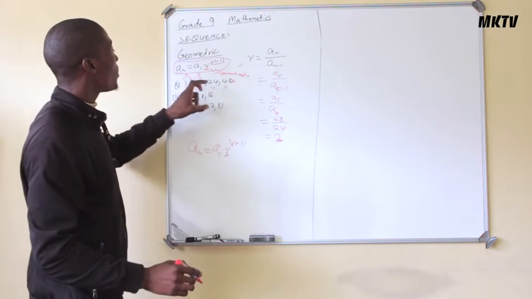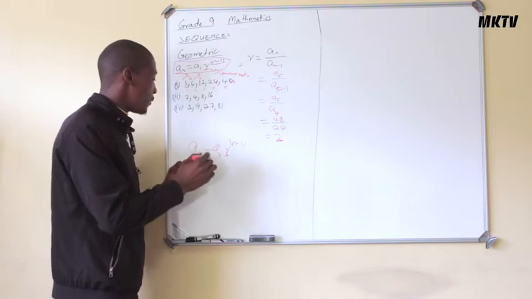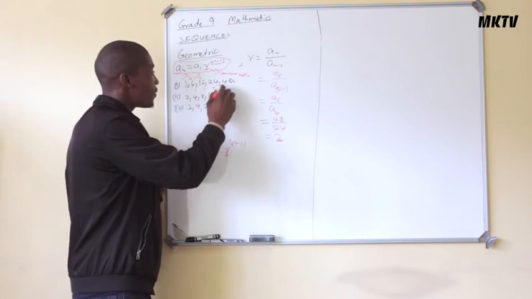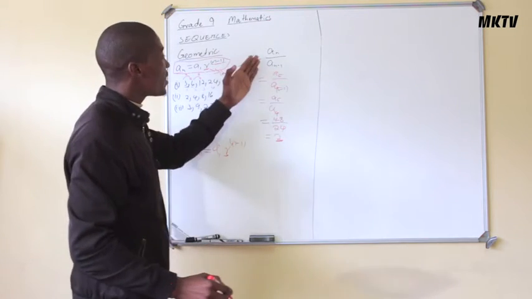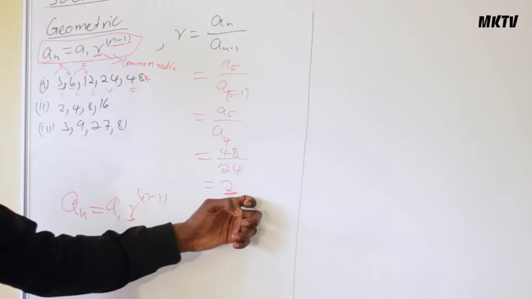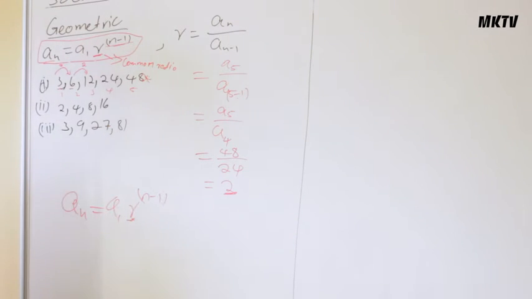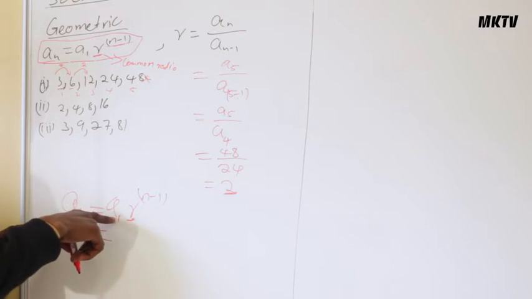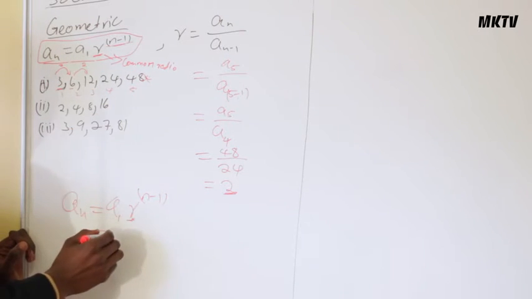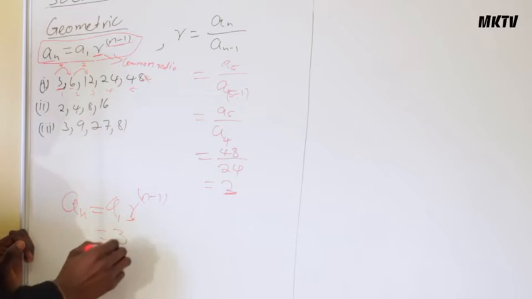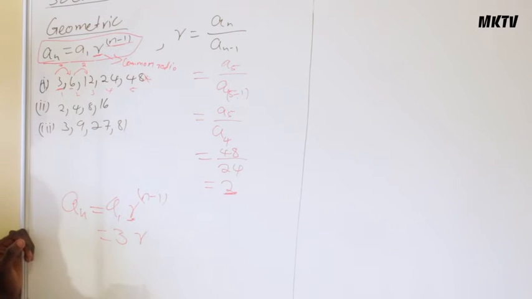So for this sequence, if we are asked to find the nth term, we will first find the common ratio, which we have just done. What's left for us now is to substitute. Our first term from the sequence is 3. Then we put 3, then we put our r.